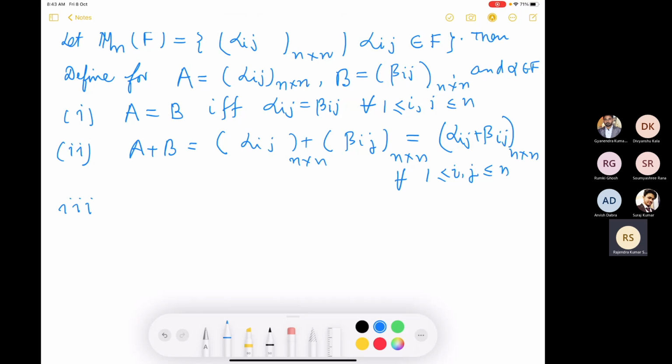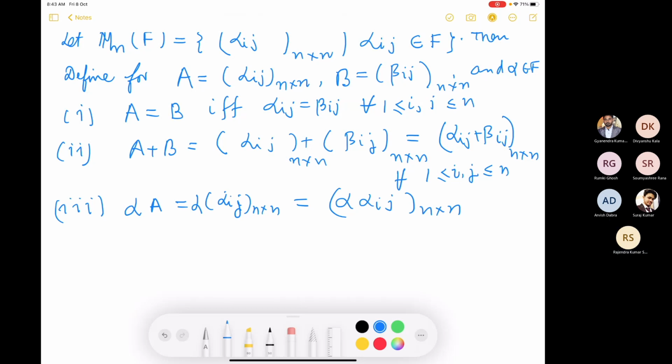The third thing is alpha A. Alpha A is to denote the matrix alpha times alpha ij, n by n. That means the matrix whose every entry is multiplied by alpha. The fourth thing that is defined is the product AB.